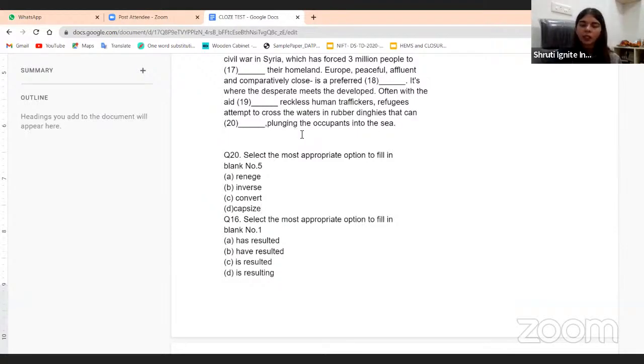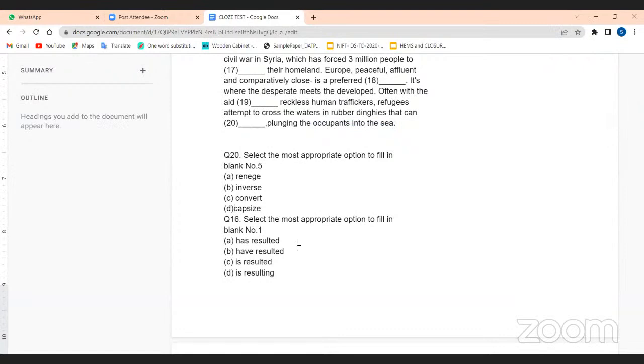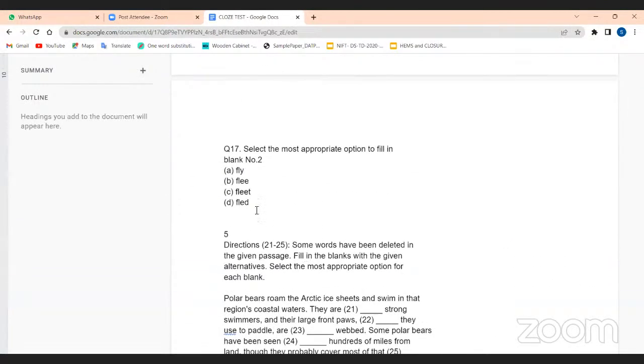Capsize means something which is submerged, right? So rubber dinghies that can capsize, plunging the occupants into the sea. So it means it can fall into the water and the occupants can also fall into the sea. Make sense? Say yes or no. Yes, ma'am. Okay. Let's go to the next one now.